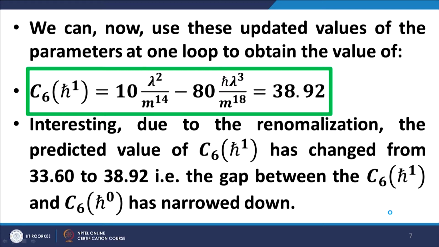to be 38.92. Now, the important thing is, firstly, that this process shows how renormalization should be carried out. If you are going to work out C6 at 1 loop level, you must use the bare parameters in the action also worked out at 1 loop level.